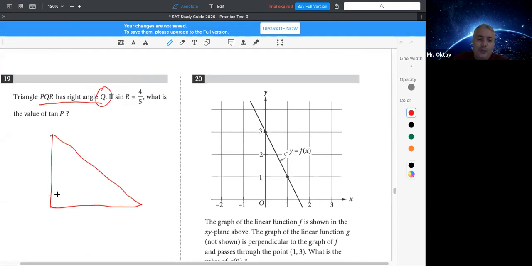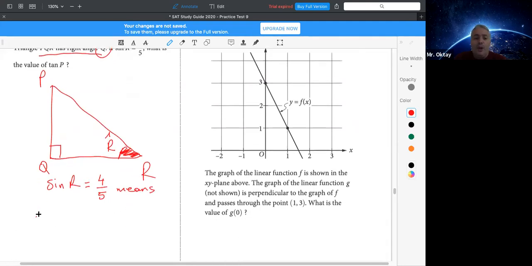Right angle Q means Q is here. So PQR. Now, if sine of R is 4/5, be careful now. This is angle R. Sine of R is 4/5 means, what does it mean in trigonometry?